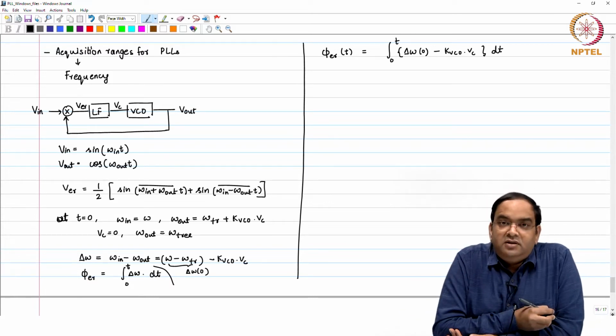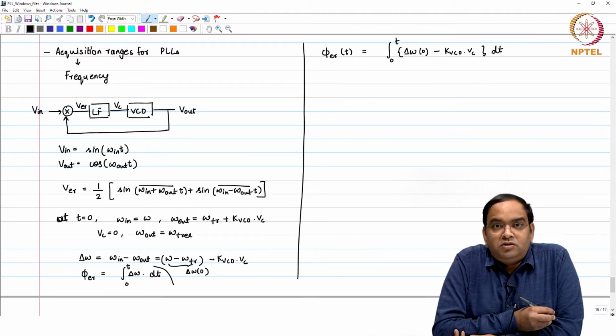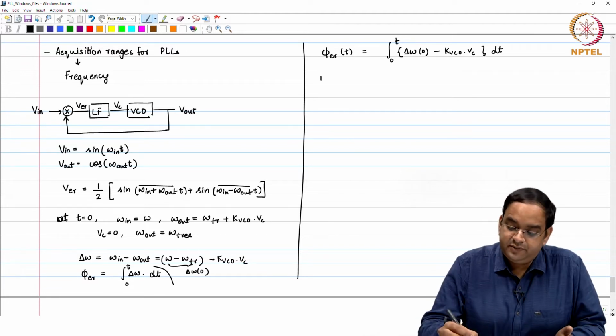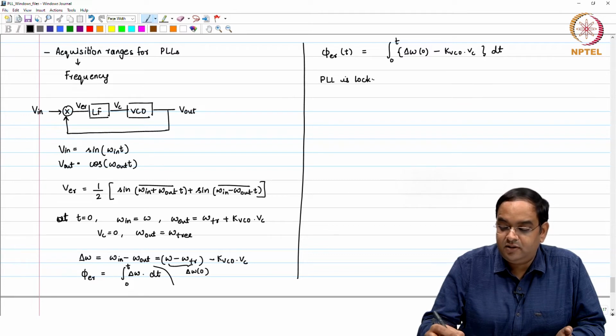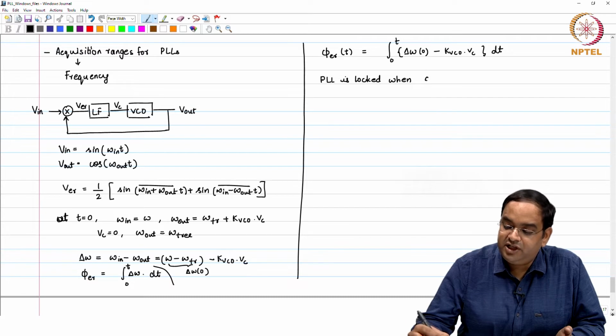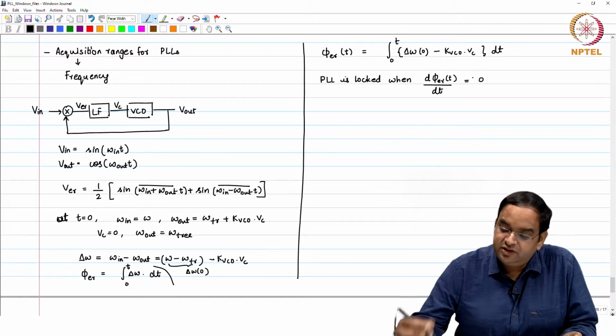Now, in this particular example, we know the PLL will be locked when the rate of change of phase error with respect to time is equal to 0.